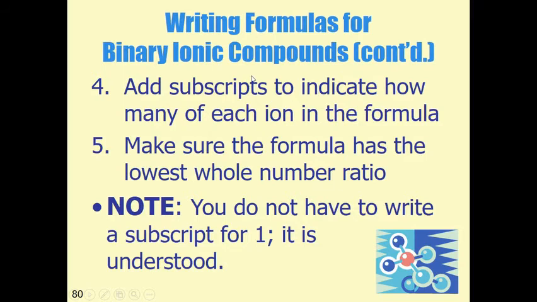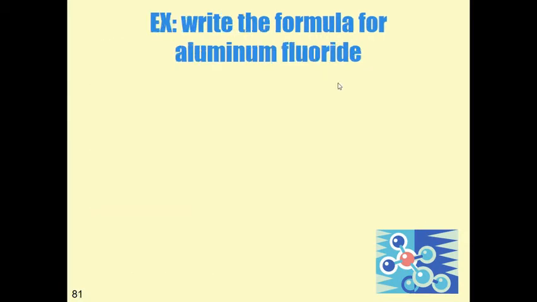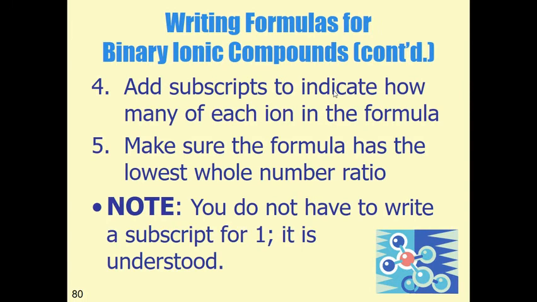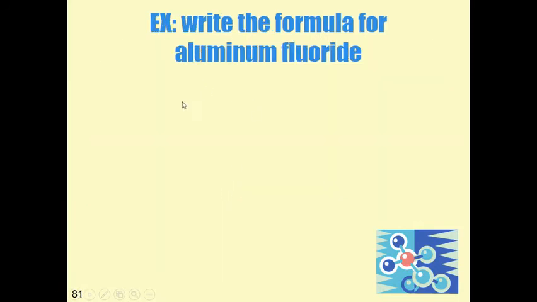You add the subscript, that's down at the bottom, to indicate how many of each ion is in the formula, to give you the lowest whole number ratio. If you only have one of an element, you do not have to write the subscript 1. It is understood. For instance, CaCl2. We don't write Ca1Cl2. We write CaCl2.